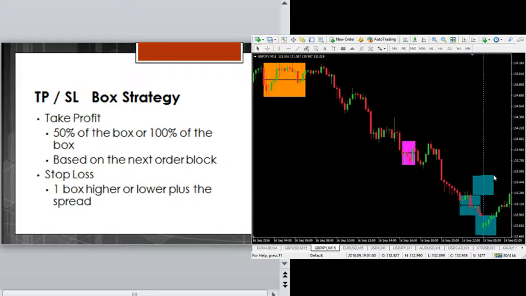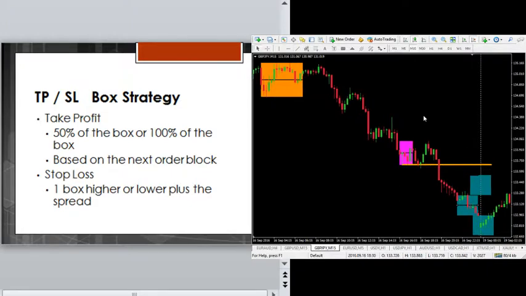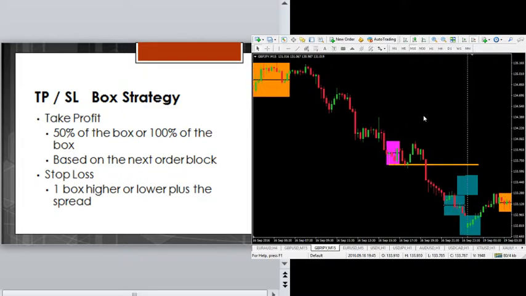Now, considering that there's no order block, here's an example of an order block, but we will discuss the order block later. Okay, so it retraced, so we could consider a buy on retracement here.